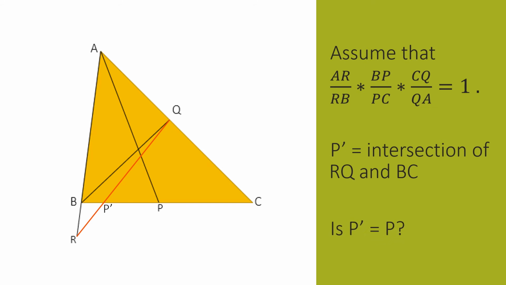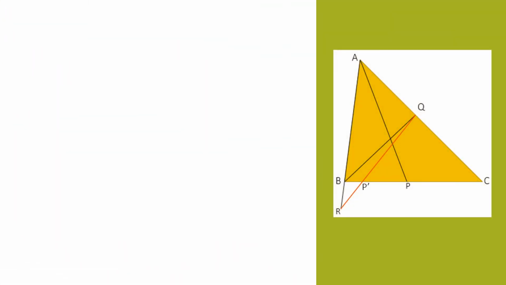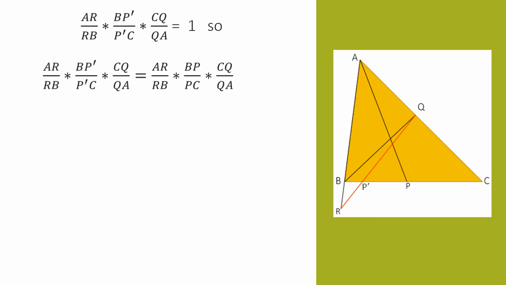Is P prime equal to P? Using Ceva's theorem, we know that this product with P prime equals 1. So we can say that this product is equal to the original product with P in it, since they are both equal to 1.